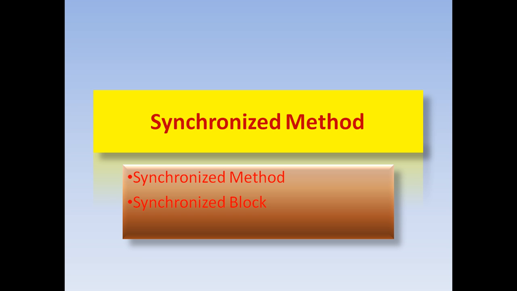In other words, we can say mutual exclusive lock. Every object has a monitor. So when a thread enters the monitor, till that thread comes out of the monitor, no other thread can access the resource.